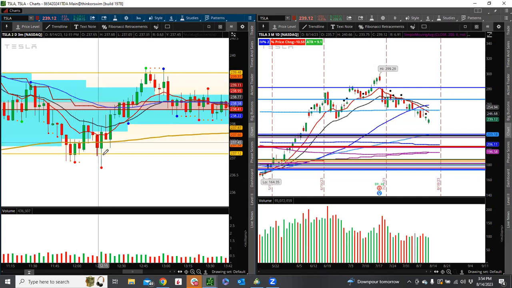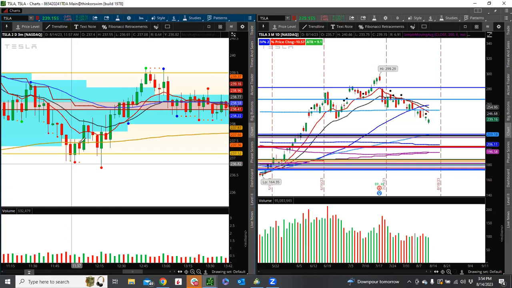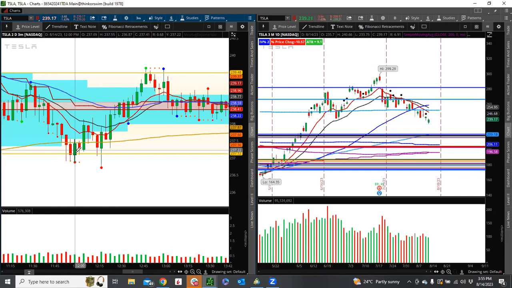Even before you look at this candle, let's go back to the first time it came down to this level and bounced. You had these two candles, almost exactly the same. One's bearish, one's bullish. Body's about the same. The upper and lower wicks are about the same. Everyone can see that. So to me, these are kind of neutral candles.